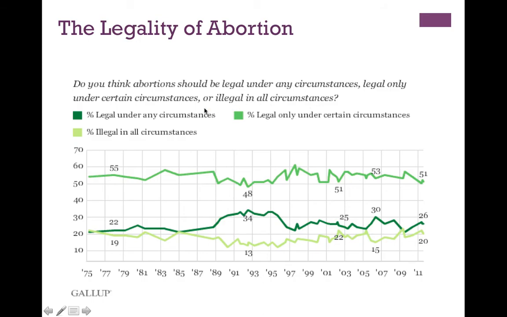Legal under any circumstances basically means it should always be legal, no matter what. This is a view that very few people hold. Only 26% of people say abortion should be legal under any circumstances, no matter what.